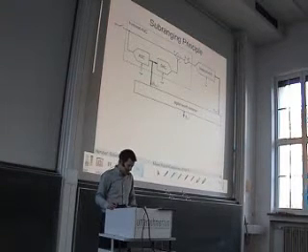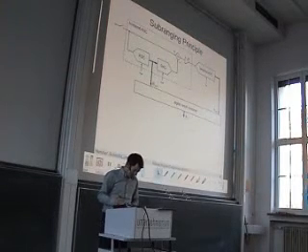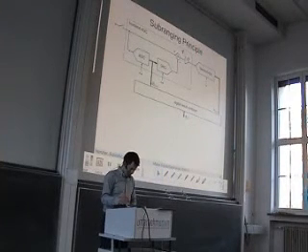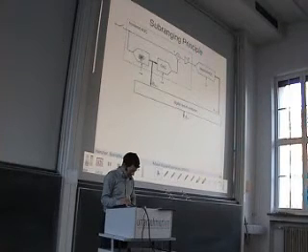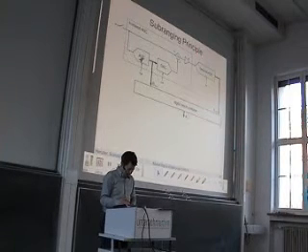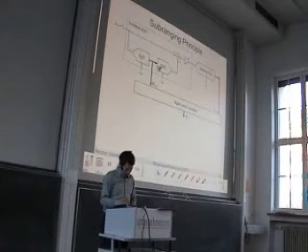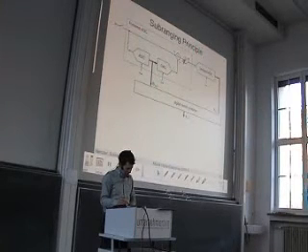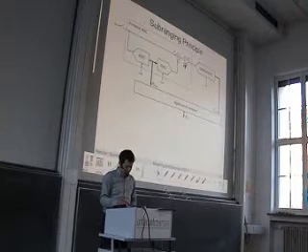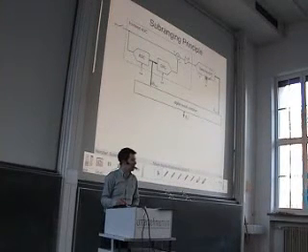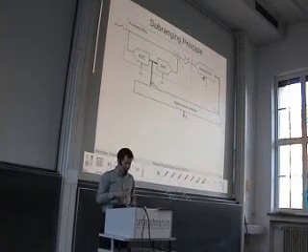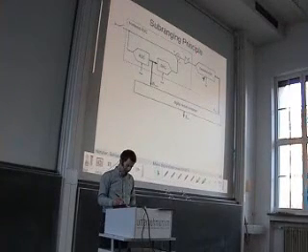Here we can see that we have our first stage with a coarse quantizer. We convert the result back, subtract it from the input, then we scale it by a factor of A, and we pass this to the second stage, which is here called a backend ADC, because this is all the rest.